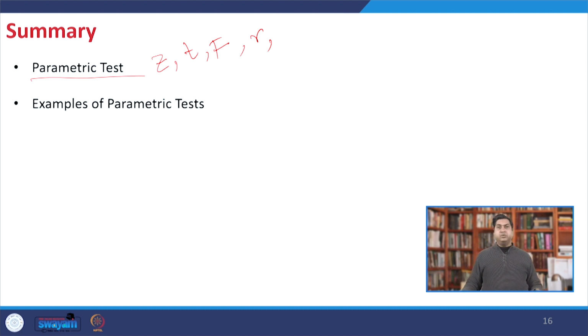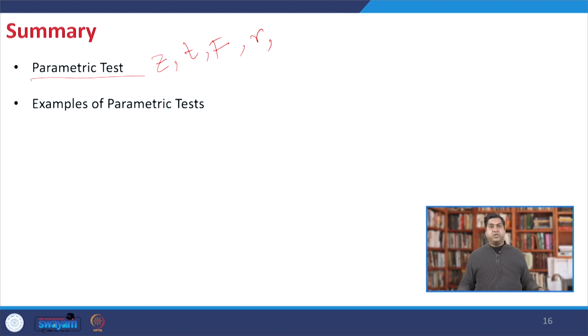Normally in planning and architecture, we confine ourselves to the T value, Z value, or to some extent ANOVA, but there are a few other tests that you can also perform.